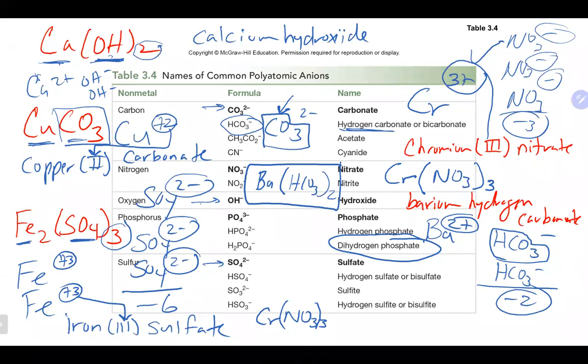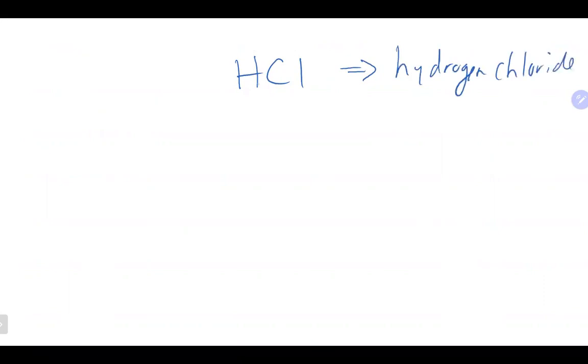Naming in general. I think we talked about it, but just to make sure I've got everybody here. If we had something like HCl, that is called what? This is hydrogen chloride, right? Now, this is both nonmetals, but they're very much treated like an ionic compound.